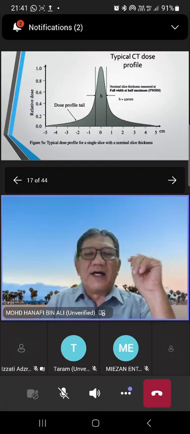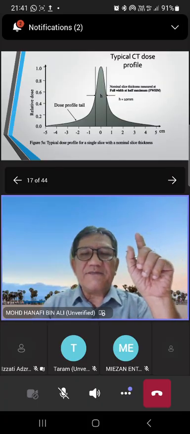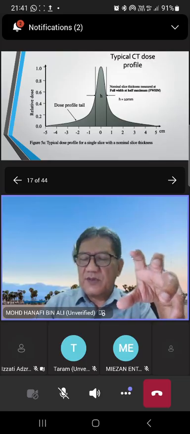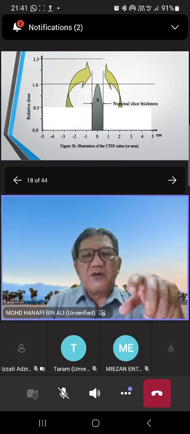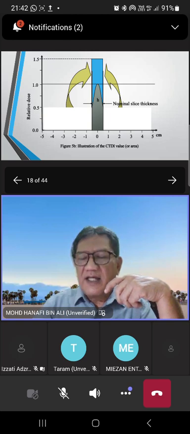Sorry. Yeah, this is something about the profile. Even though we just scan one slice, there is radiation absorbed by the neighboring structure over there. So this is about the CT scan dose profile. If you can see how we can get the dose, we just move this tail and put it at the top here.